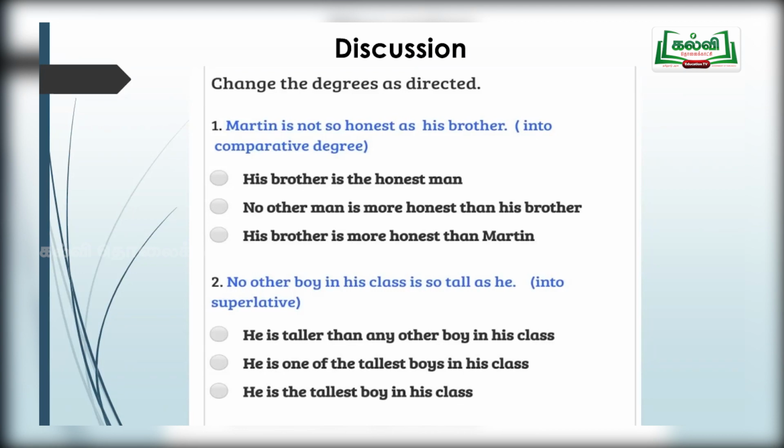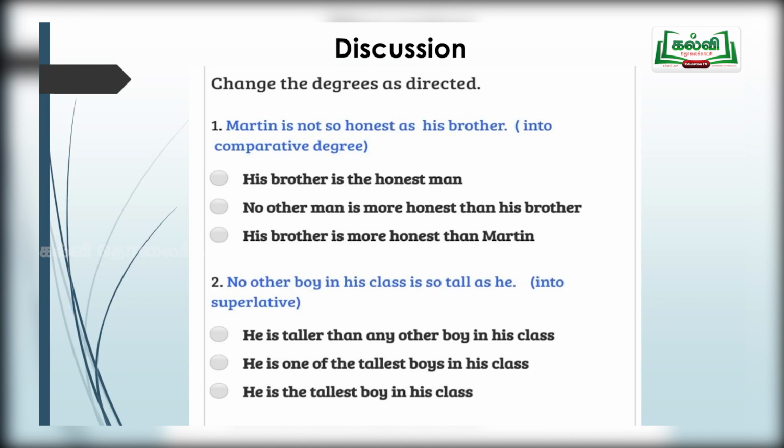Martin is not so honest as his brother. Children, read that sentence again. Martin is not so honest as his brother. Find out whether the question is affirmative or negative.